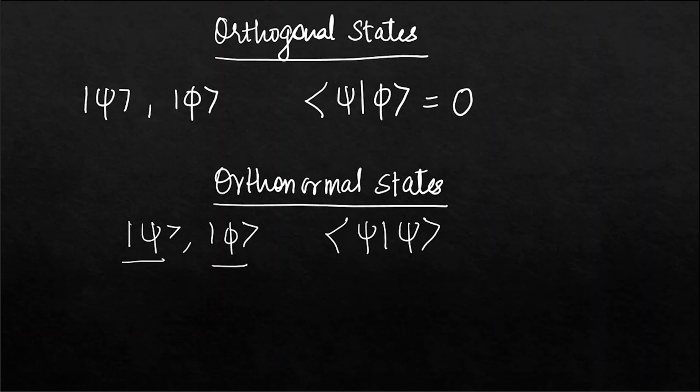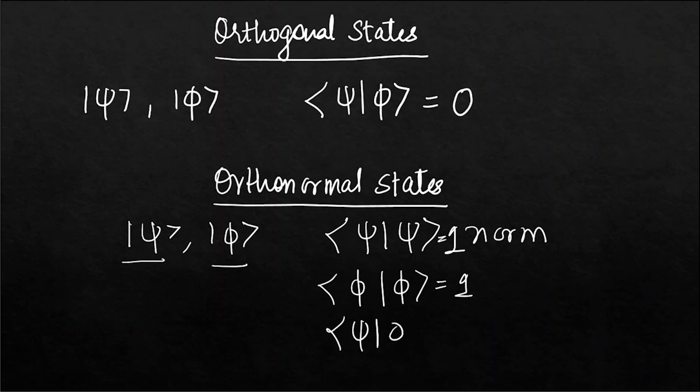The scalar product of a vector with itself is called the norm. If the norms are unit and the scalar product of phi with psi is 0, then if these three conditions are fulfilled, we say that these two states are orthonormal states.